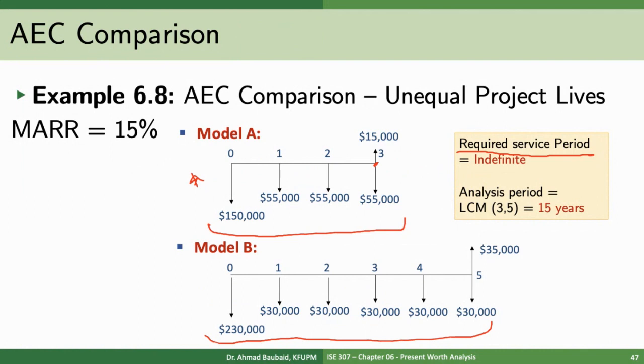So if the problem says the required service period is infinite or indefinite, and you can replace the models identically always, with the same cash flow, then you can repeat the cycles. To fill out an infinite horizon, you take this cash flow and repeat it an infinite number of times. So that's when you should repeat.